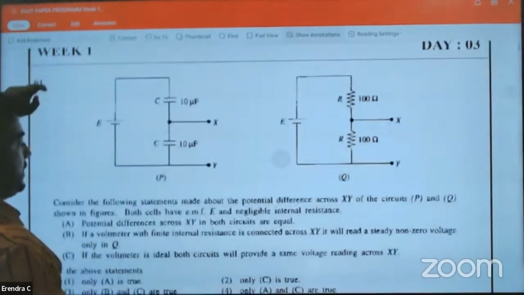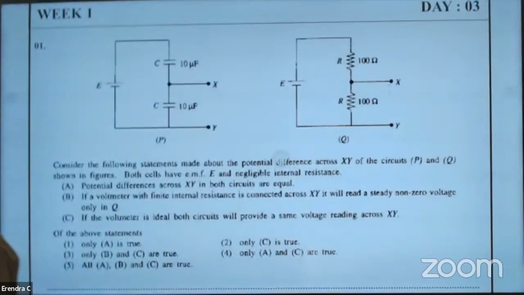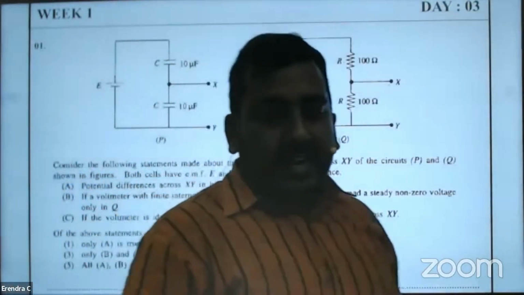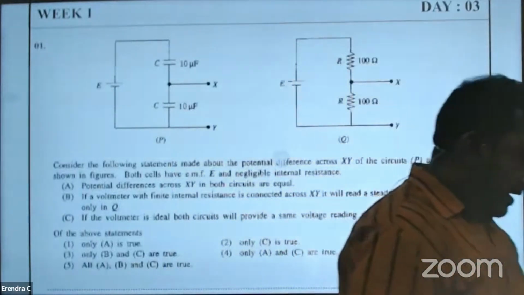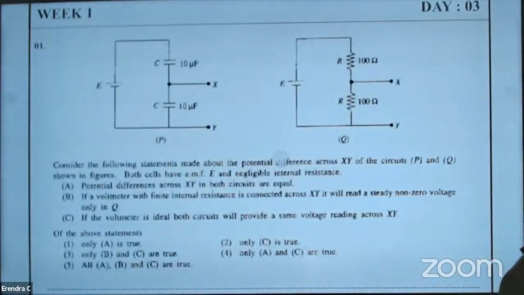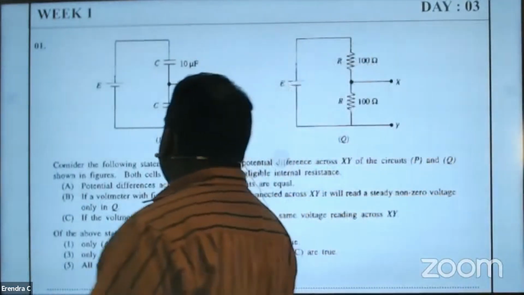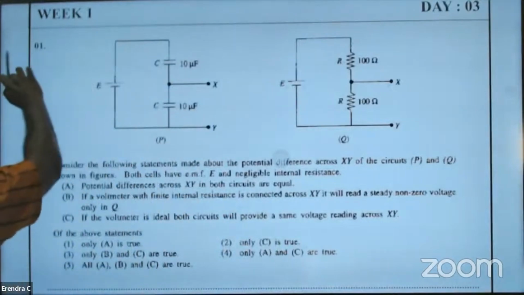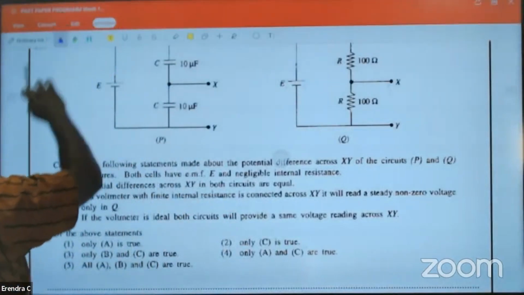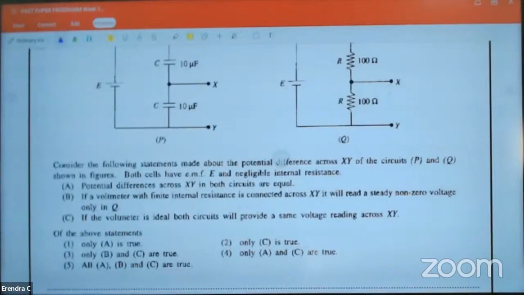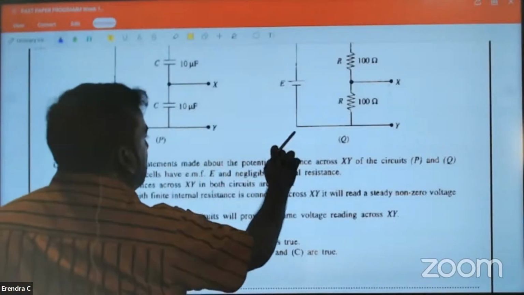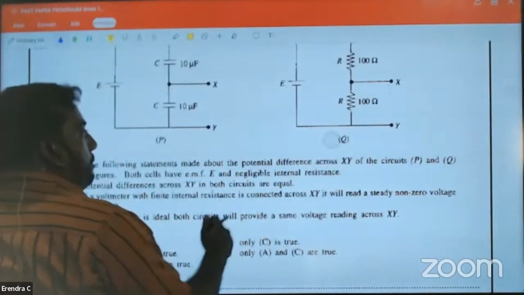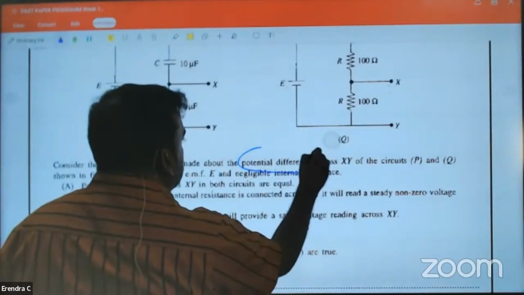Look at this. Here you are given a brilliant circuit. Absolutely brilliant circuit. Consider the following statements, about the potential difference.